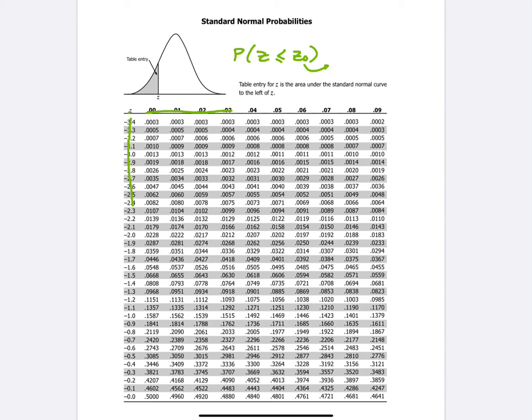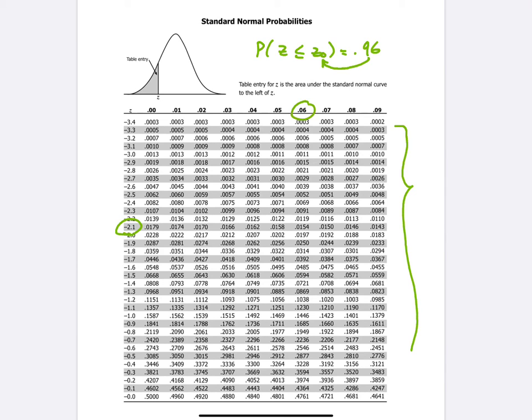The problem we're facing now is a bit different. We know the probability is equal to 0.96, and we want to find the z value that gives us that probability. In other words, we want to find 0.96 in the interior and then trace it out horizontally and vertically to find the two parts that make up the z value.